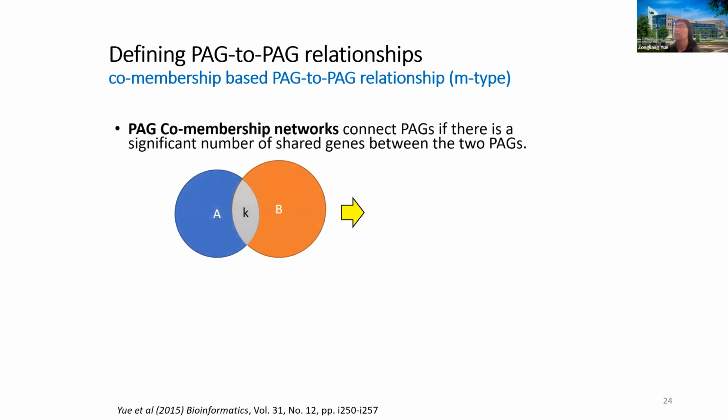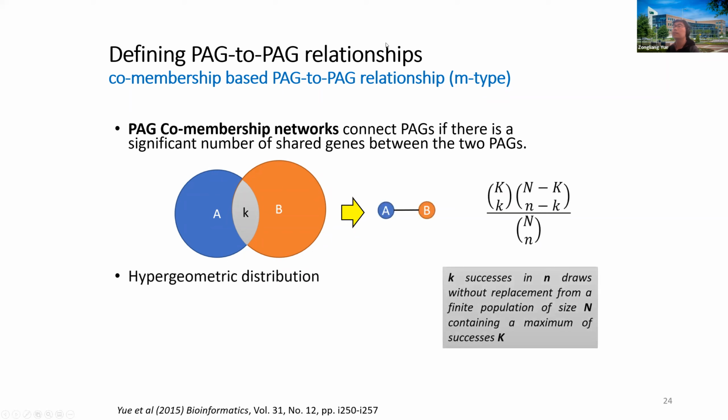Another thing is, once we have evaluated the PAGs and well-curated PAGs, can we bring up a whole new level of relationship to solve issues like pathways not working in isolation. So we have defined the PAG-to-PAG relationship, called co-membership, based on overlapping co-members. We adopt the same principle using the hypergeometric test, but the four parameters are different.